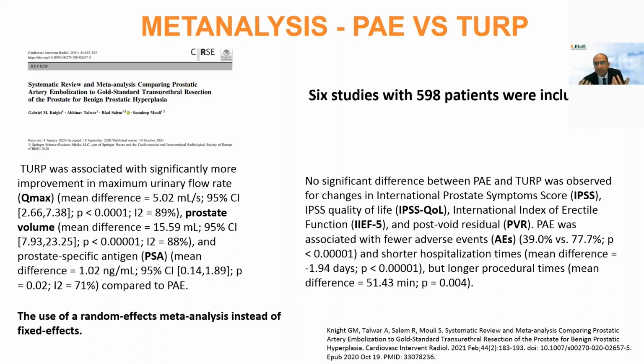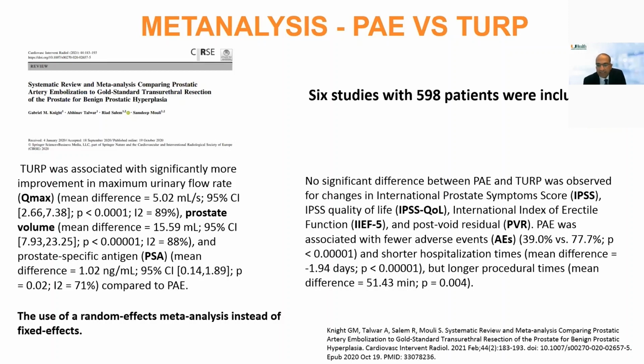There's so much loss of tissue that you get much more reduction in prostate volume, much more reduction in PSA, and much more improvement in the Qmax. When it comes to IPSS score, no significant difference between PAE and TURP was observed for IPSS, quality of life, IIEF-5 or SHIM score, and post-void residual. PAE was associated with fewer adverse events and shorter hospitalization time.